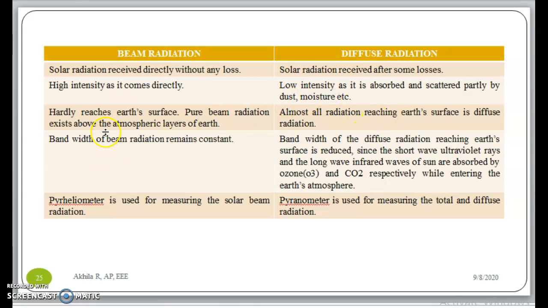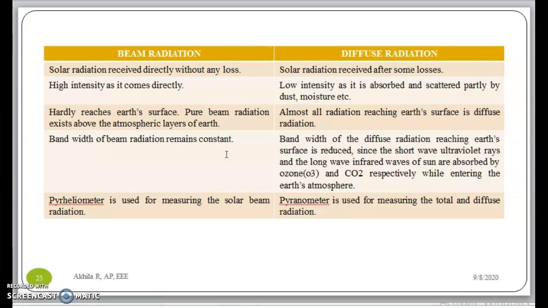And this hardly reaches the Earth's surface, and the pure beam radiation exists above the atmospheric layers of Earth. Okay, and in this case, all the radiation reaching the Earth's surface will be diffuse radiation. Now, for beam radiation, the bandwidth is constant, but for diffuse radiation, the bandwidth is lower since ultraviolet rays and infrared rays are absorbed by the ozone layer as well as CO2 once it enters the Earth's atmosphere.